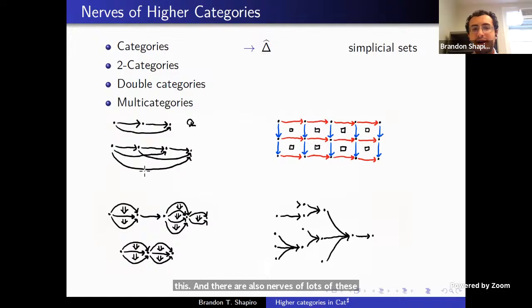And while some higher categories, like 2-categories, have many different nerve constructions, I am going to use what I call the standard ones. And we're going to see later on that that's actually something we can define rigorously.